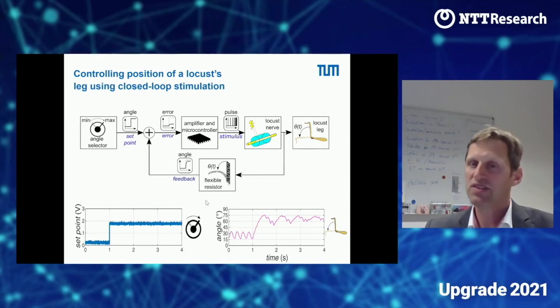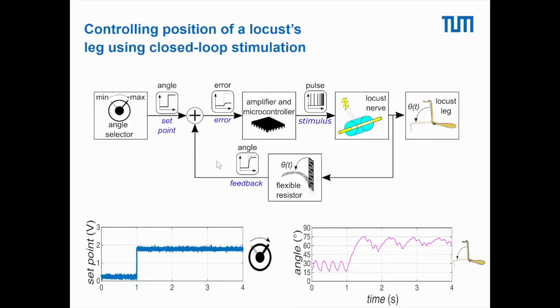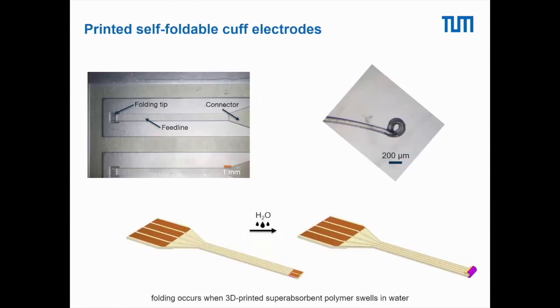And while this is nice, it has one disadvantage. The cuffs that I've previously shown you, once they're implanted, it is very difficult to remove them, at least without damaging the nerve. And for that, we went back and thought a little bit about a different design.